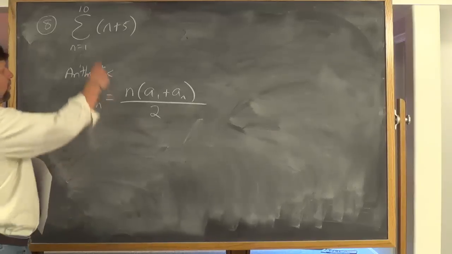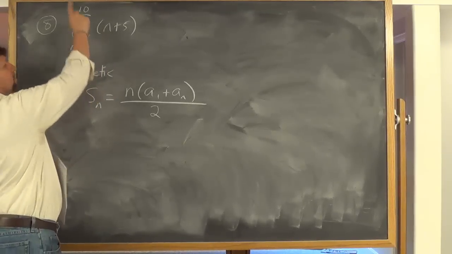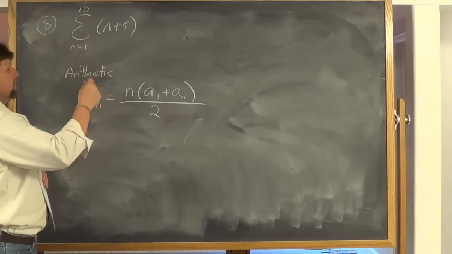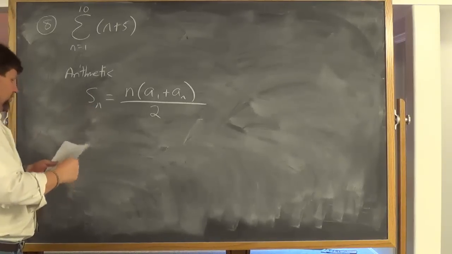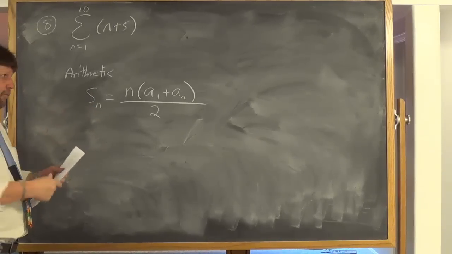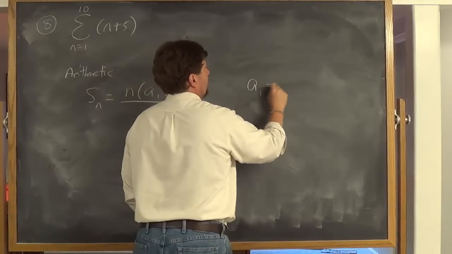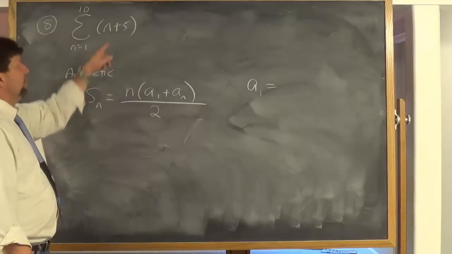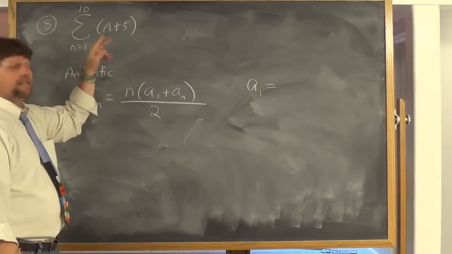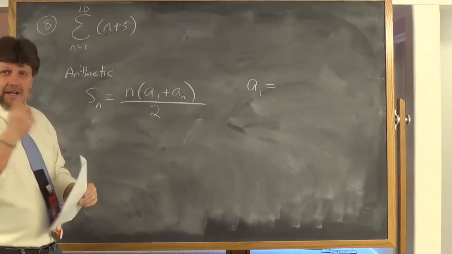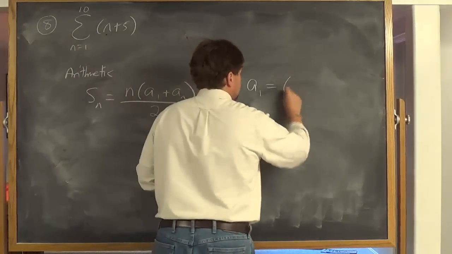So check it out. We're trying to find the sum from n equals 1 to 10. So to use this formula, you need to find a sub 1. So let's do that over here. A sub 1, well, you'd put 1 in for the n, and you get a sub 1 to be 1 plus 5, so a sub 1 is 6.